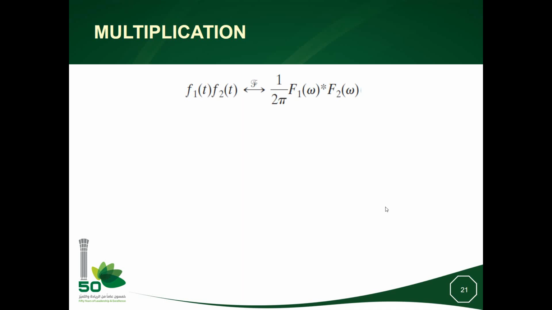So here we are seeing the inverse situation where I have a multiplication of two functions in time, and I would like to express the Fourier transform of the product in terms of the Fourier transforms of f1 and f2 respectively. So we will prove that this Fourier transform is scaled by a factor 1 over 2 pi F1 convolution F2, where F1 and F2 are the Fourier transforms of f1 and f2.